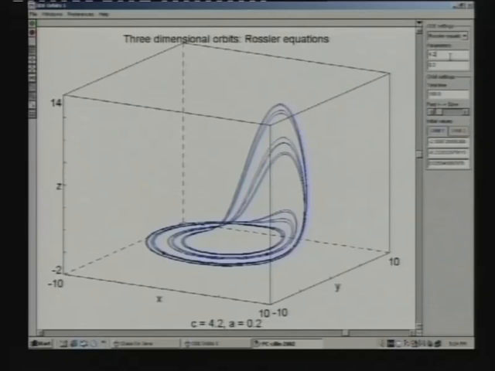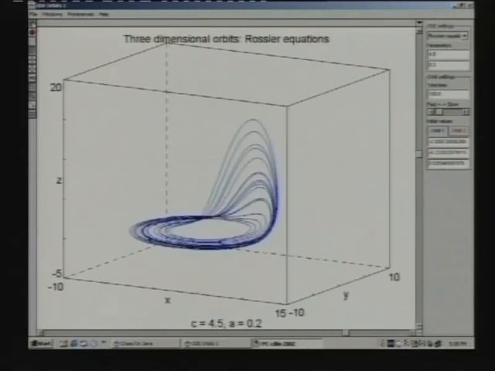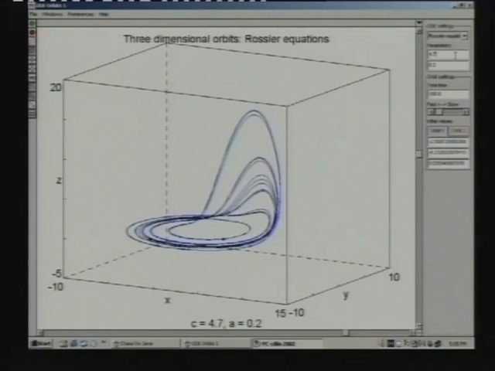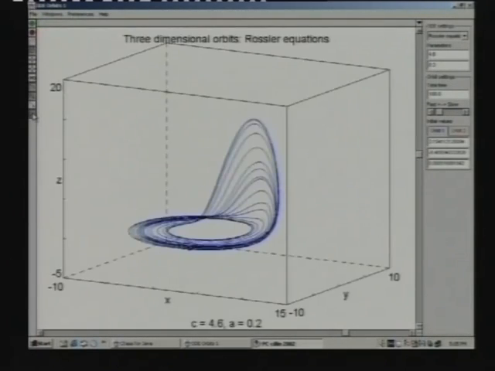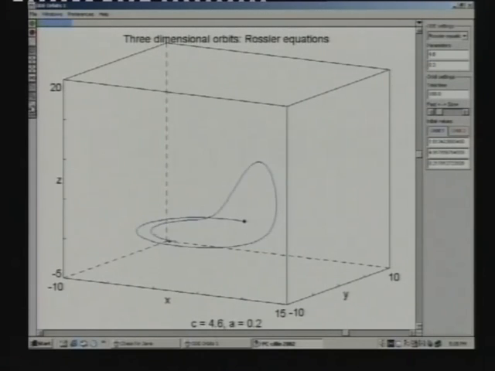Okay. You can easily see, I will in one step change it somewhat more. Let me change it a little more so that you can see it clearly. 6 is better. Now, see the evolution, how it goes.